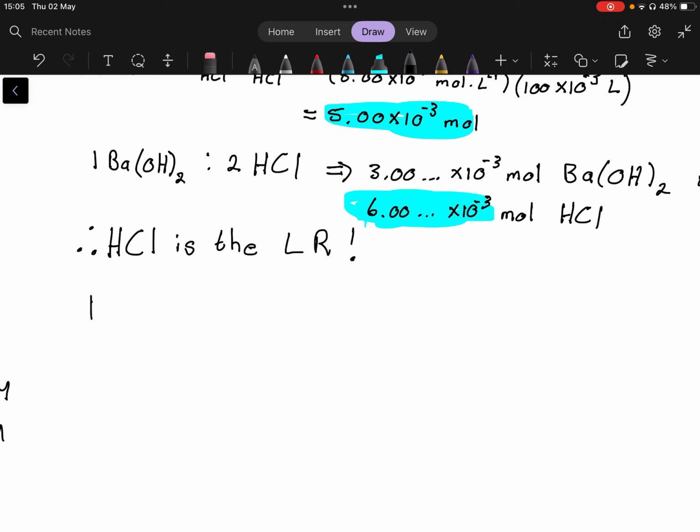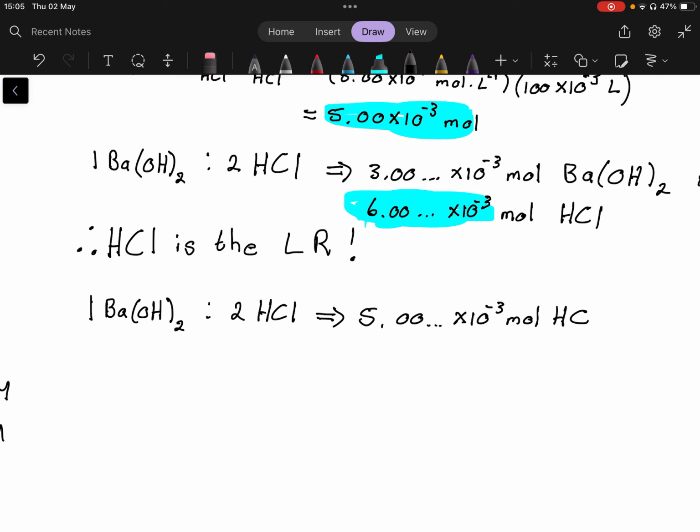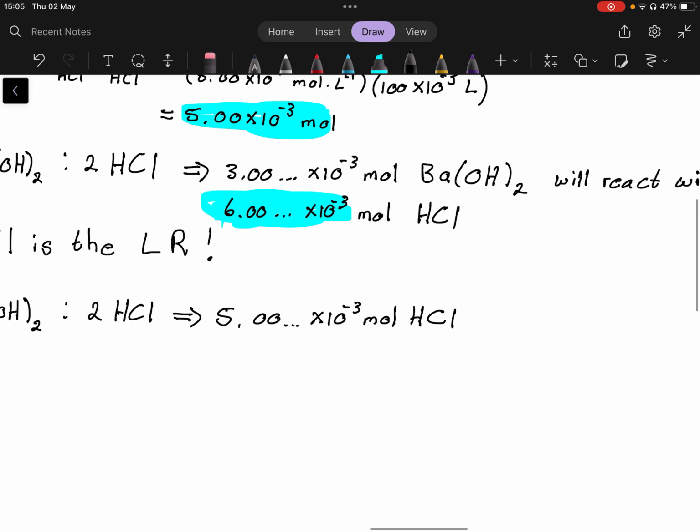So again, we look at our ratio. 1 barium hydroxide will react with 2 HCl. So that means 5.00 times 10 to the negative 3 mole HCl will react with half that much barium hydroxide.